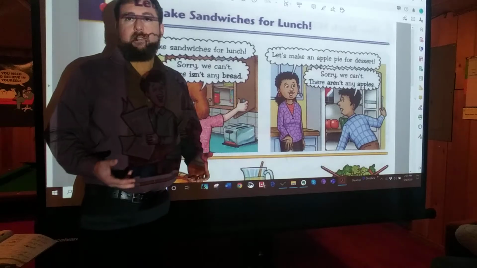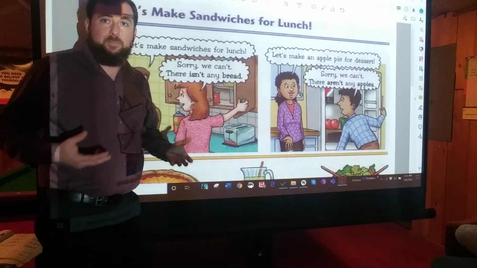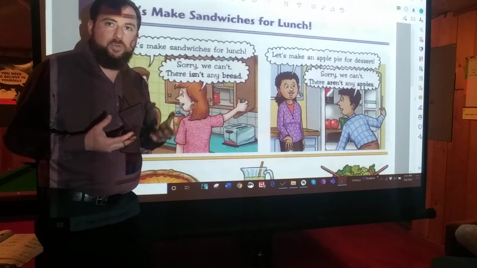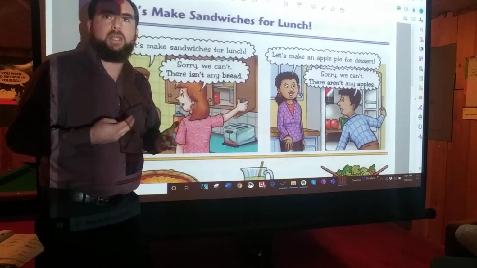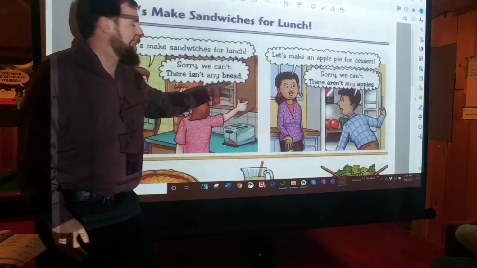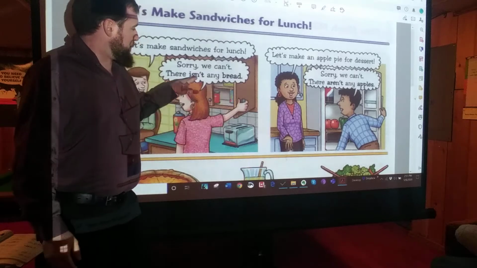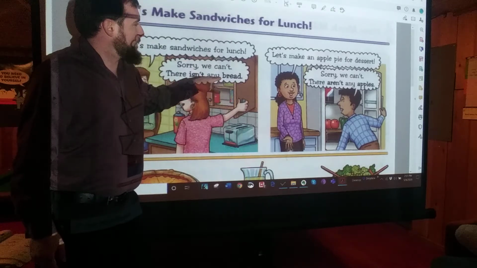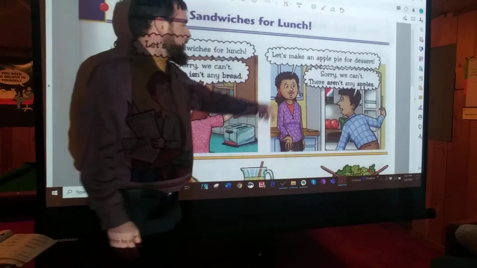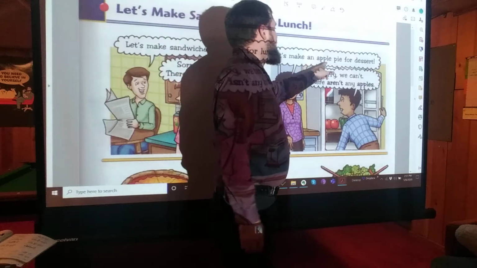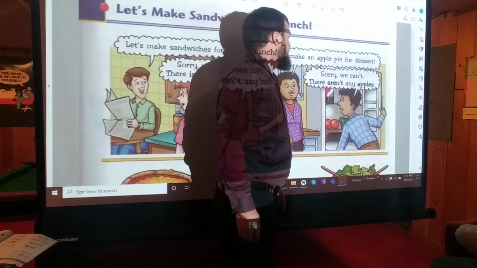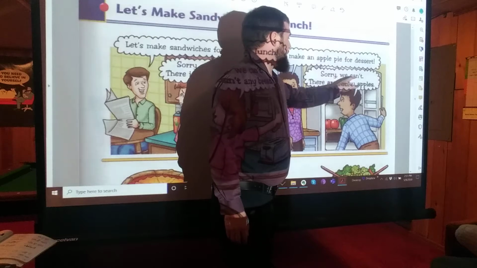Bread, remember, is a non-count noun. We very rarely say there aren't any breads. We don't talk about breads as if we're counting one bread, two bread, three bread. We just say the bread. So there isn't any bread. Over here she's saying, let's make an apple pie for dessert. Sorry, we can't.